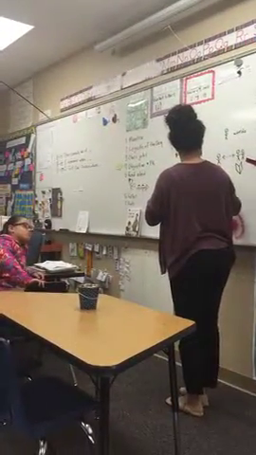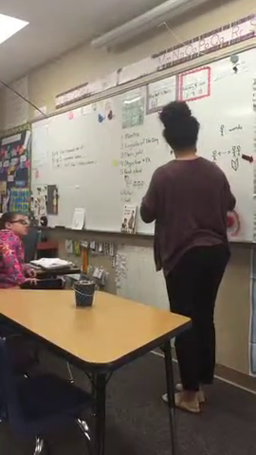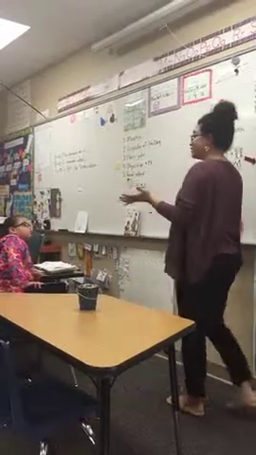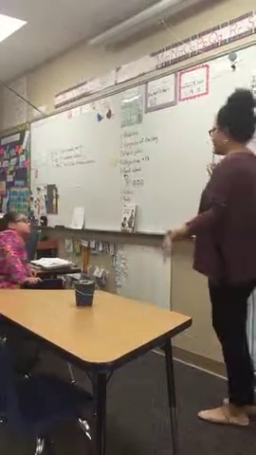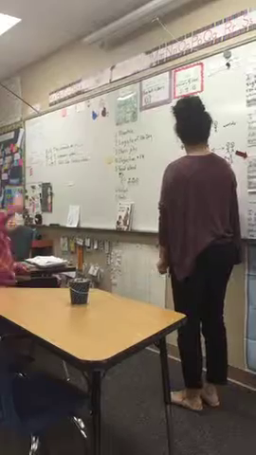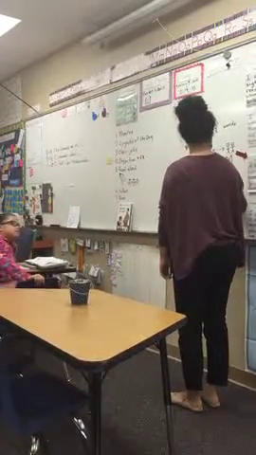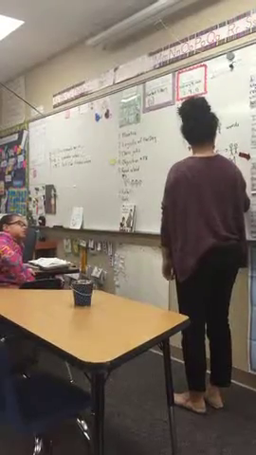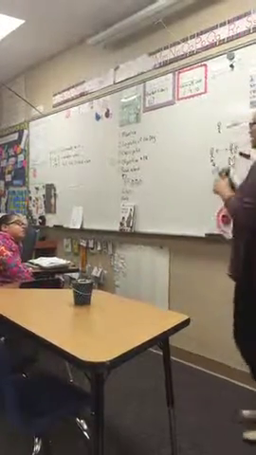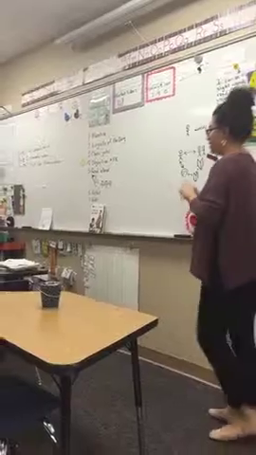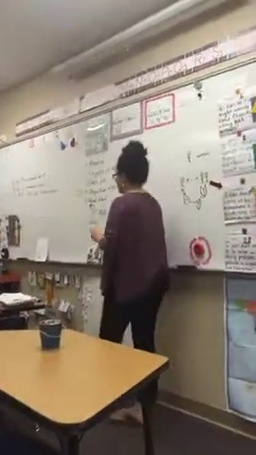We also have text to, see if you can picture, Earth. What am I drawing? Earth. Text to world connections, things that are happening other places in the world. And last one, text to text. Oh, this reminds me of something else I've read before. Okay. So those are the kinds of connections that we're working on today.